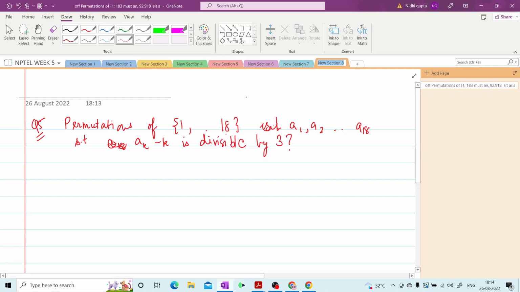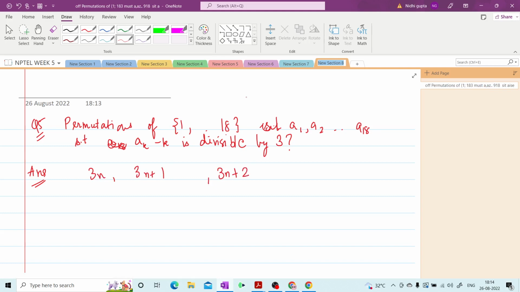I made 3 partitions, where I kept the numbers in 3 different forms: 3n, 3n plus 1 and 3n plus 2. So there will be 6 numbers in each. The multiples of 3 are 3, 6 till 18.